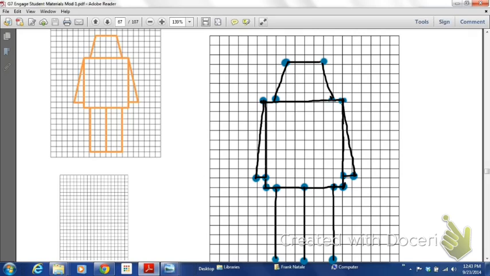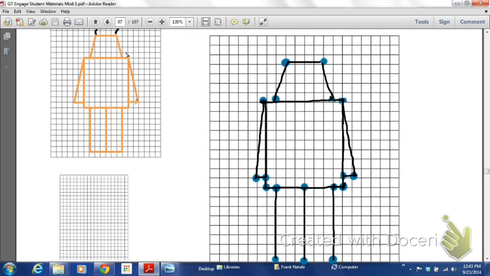I wanted to show you one way to do it: you can go back and look at your original drawing, and find the various points that make up the vertices, the points that you find at different corners.